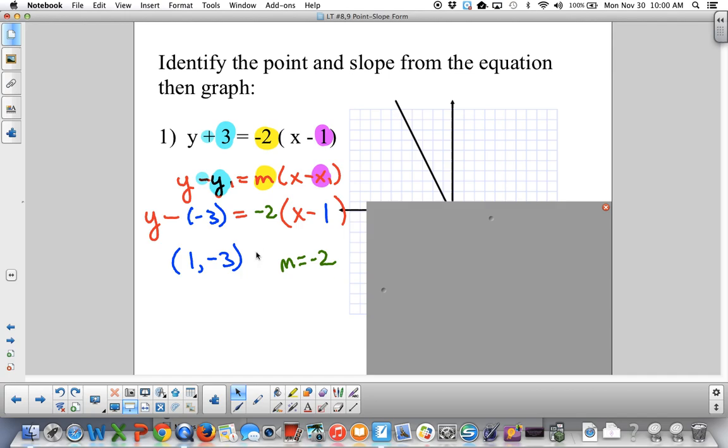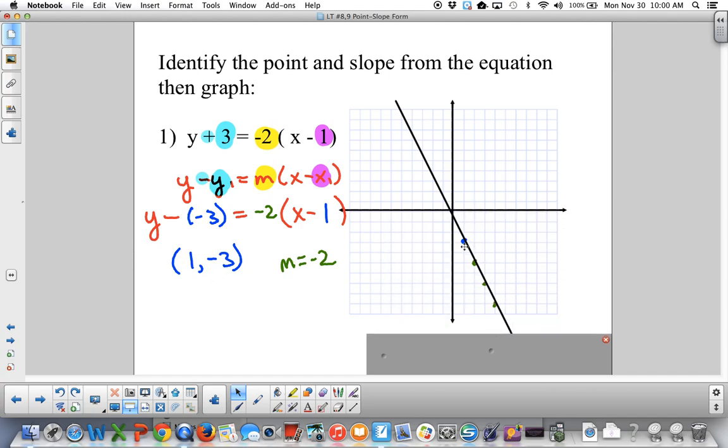Now over here we've got our slope is negative 2. And because the negative is here in the equation, I have x1 is 1. So our point is 1, negative 3, and the slope is negative 2. That's how you extract the point and the slope from our point-slope form. So we first plot this point, 1, negative 3.